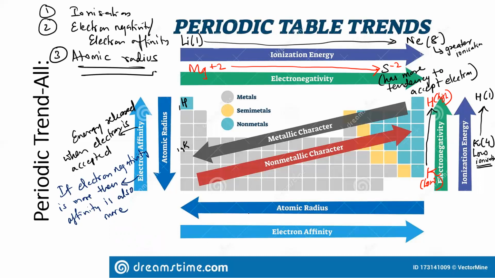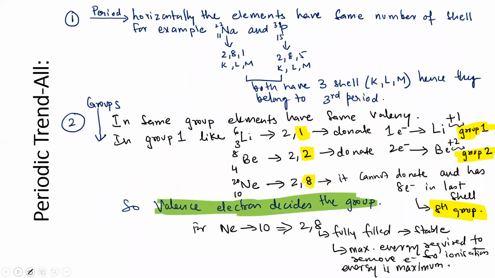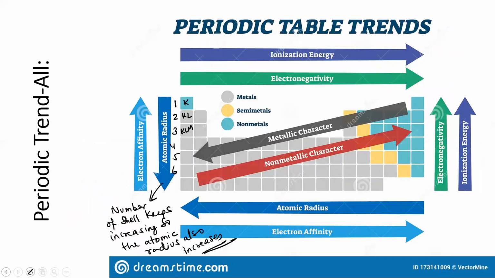These are the things we should be able to identify in the periodic table. With this, I think the complete trend is over. Thank you. Please go through the notes. I hope it will be more clear, right?